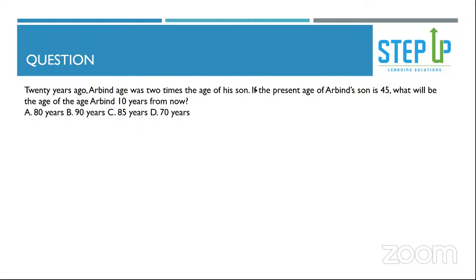Arvind's age was 2 times the age of his son. If the present age of Arvind's son is 45, what will be the age of Arvind 10 years from now? They have given us Arvind's son's age. 10 years ago, he would be 35, and at that time Arvind's age was 2 times the age of his son.